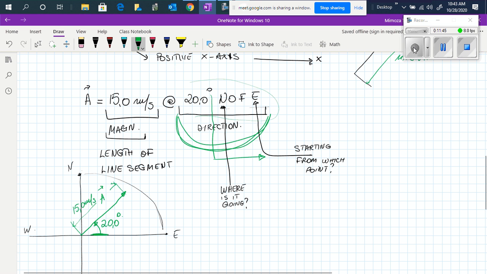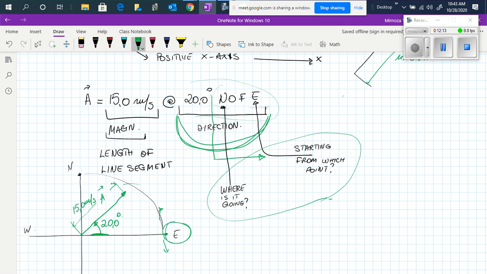One way to look at this, if you don't remember the questions that you have to ask, is to see it as north of east. When you are standing at east, you can head south or you can head north. So this is saying that you are going north of east.